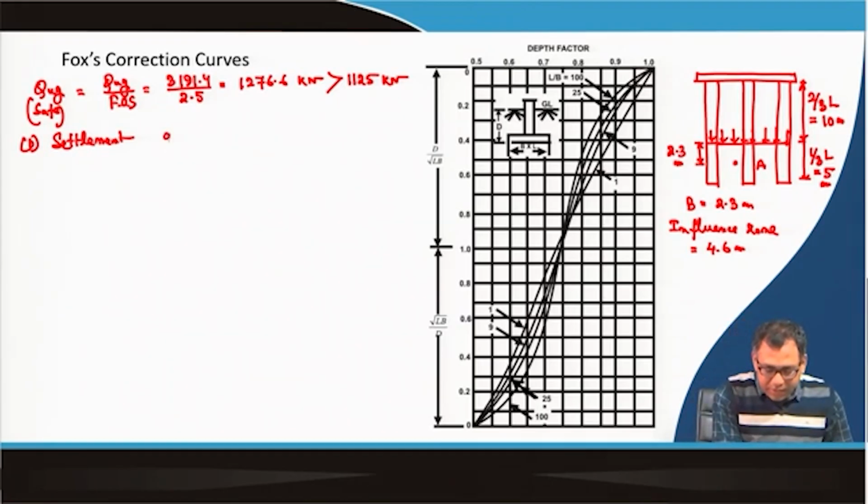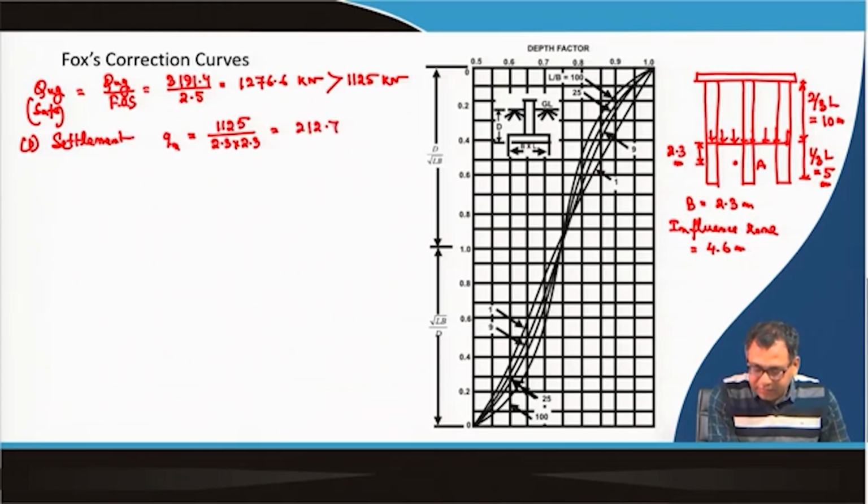So, now the Qn which is coming at this level, I mean stress, net stress which is coming. So, load is 1125, dimension of the raft is 2.3 cross 2.3. So, this load is 212.7 kilonewton per meter square. Okay.